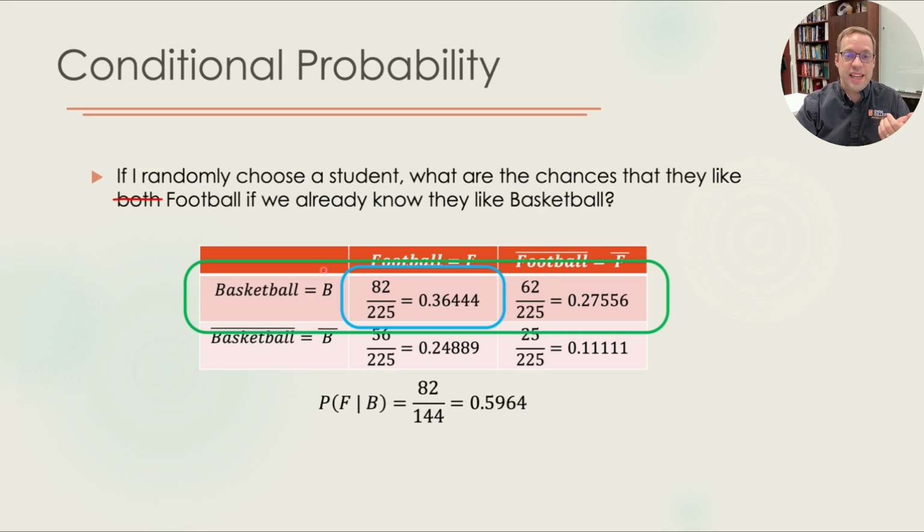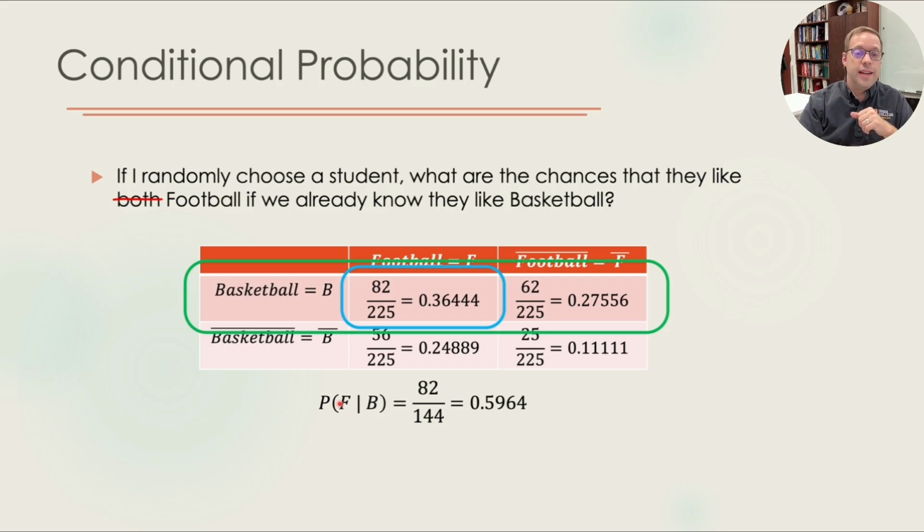So if we take the 82 people that like both football and basketball, and the 62 who like basketball but don't like football, that totals 144. Out of those 144 people that do like basketball, 82 of them also like football. That's 59.64%. Nice.